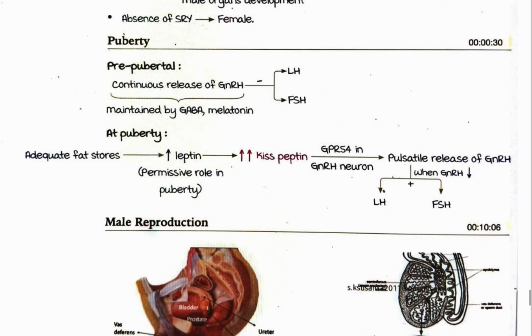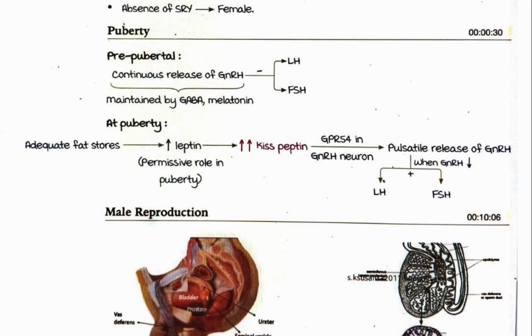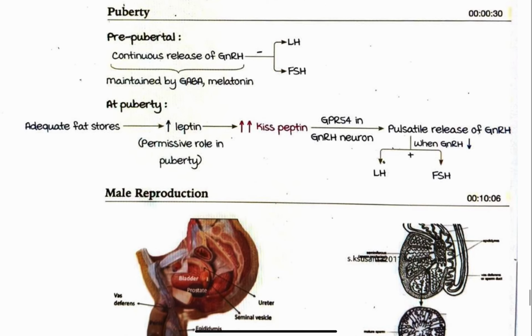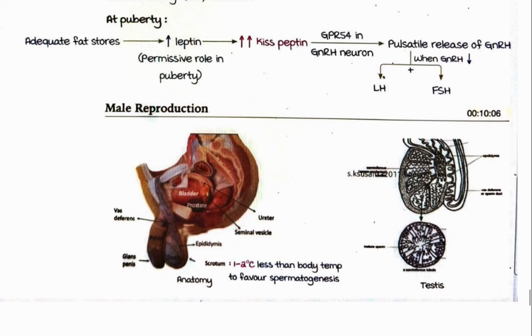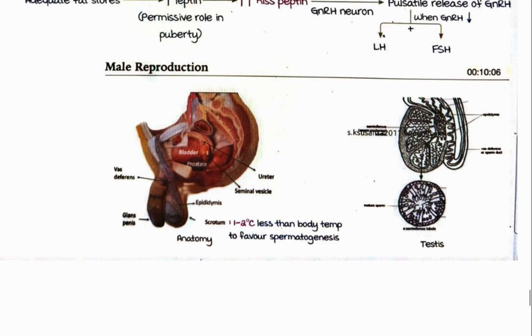At puberty, adequate fat stores increase leptin, which has a permissive role in puberty. GPR54 in gonadotropin-releasing hormone neurons causes pulsatile release of gonadotropin-releasing hormone, which stimulates production of luteinizing hormone and follicle stimulating hormone.